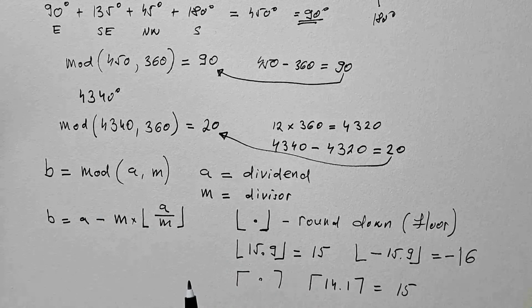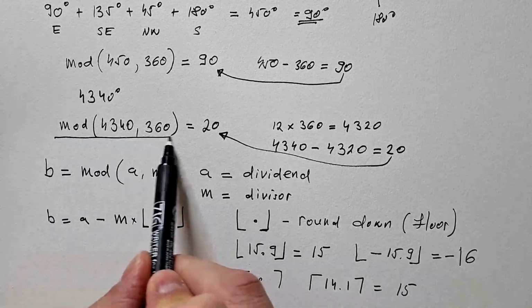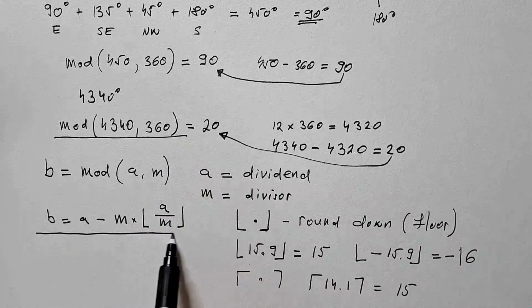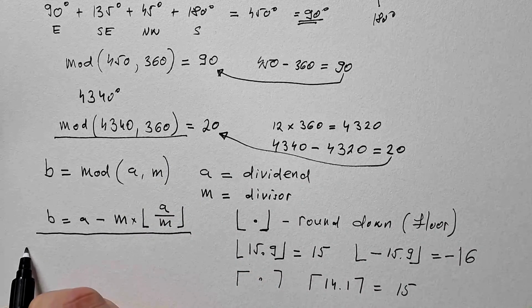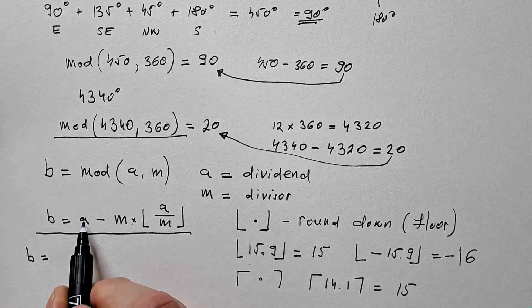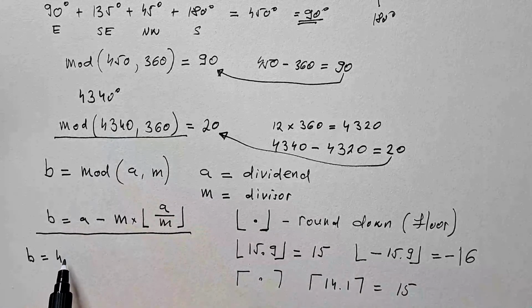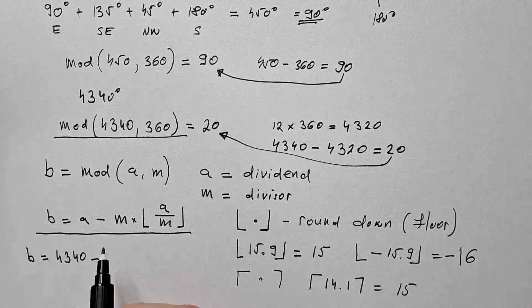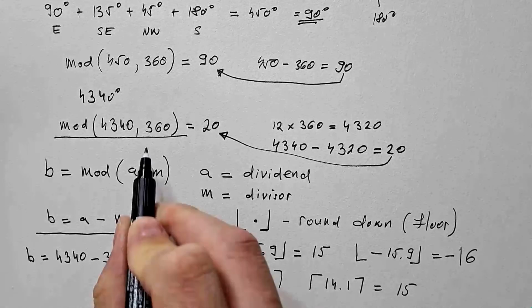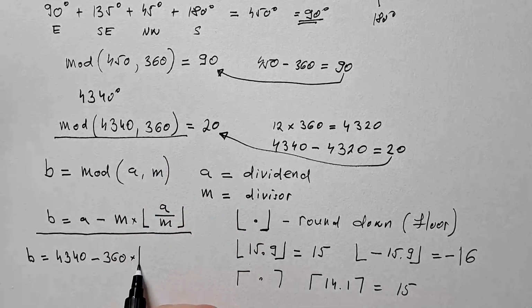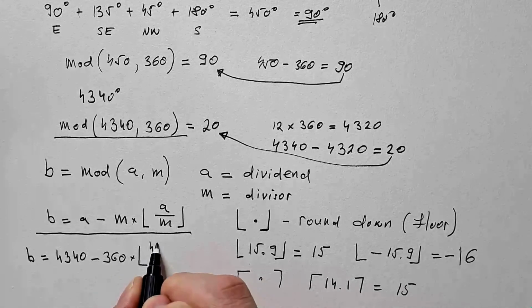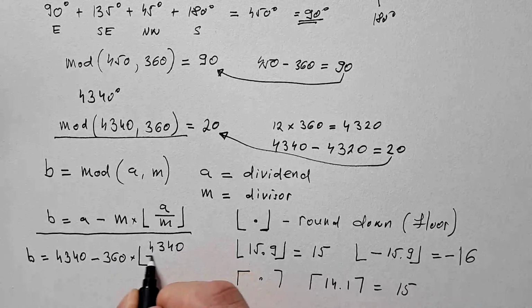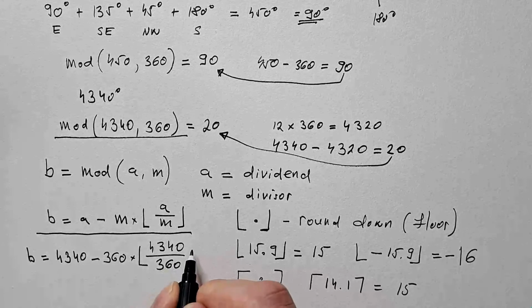So let's run this example using this formula. We will have that B is equal to A, which is 4340, minus M, and that is 360, times round down of 4340 divided by 360.